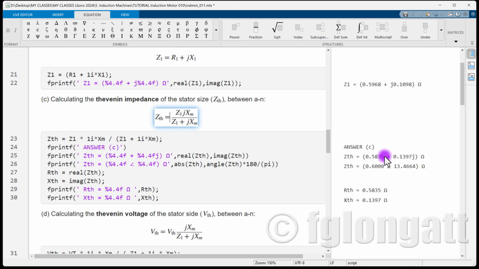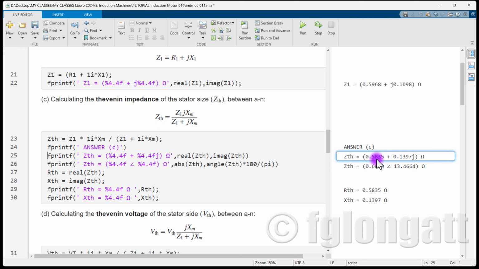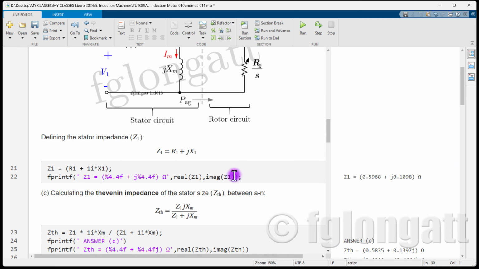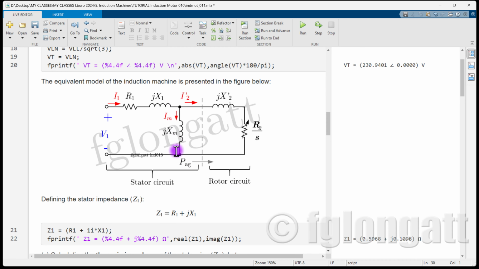We obtain the Thevenin impedance. I am presenting it in rectangular and in polar form, but also the Thevenin resistance is 0.58 and the Thevenin reactance is 0.13.